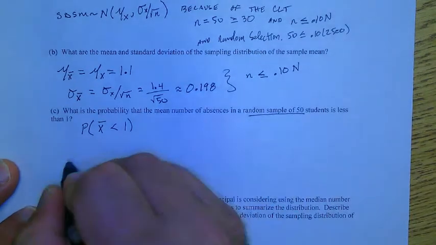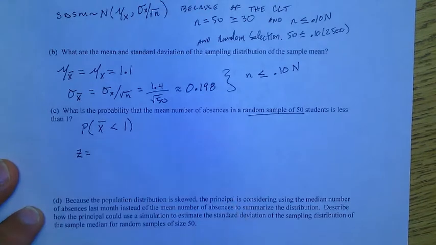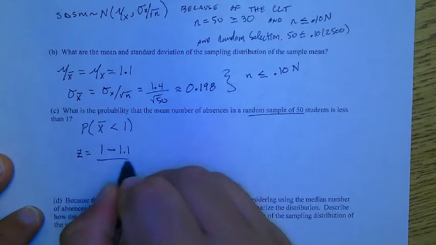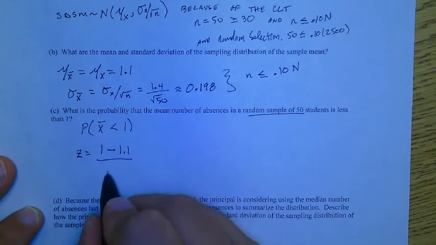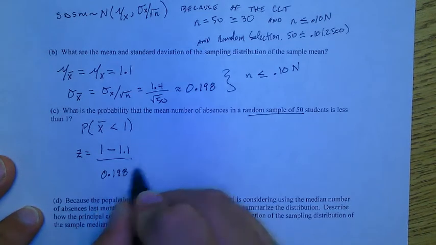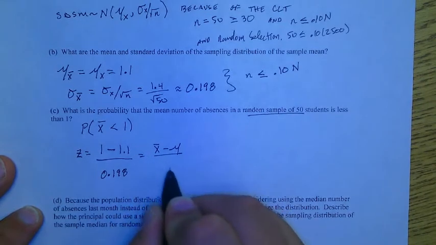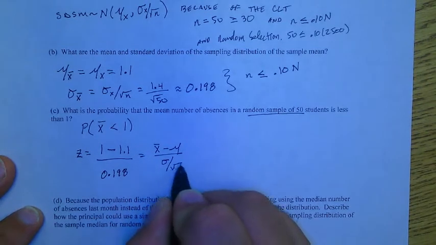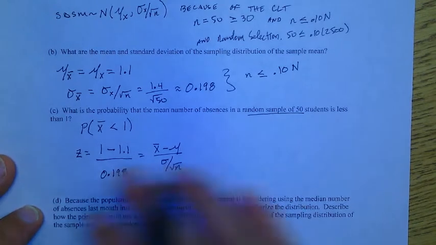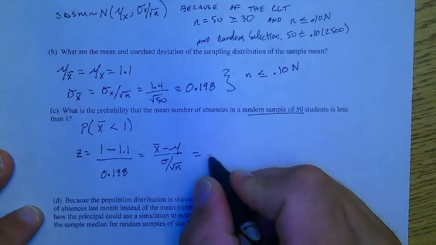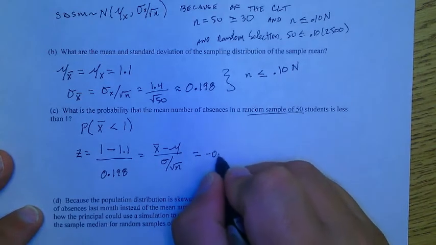We do always need to calculate a z-score, and we always need to show the calculation. So we have 1 minus 1.1 all over 0.198, because we know it is x bar minus mu all over sigma over root n for these particular situations. And that value happens to be negative 0.51.